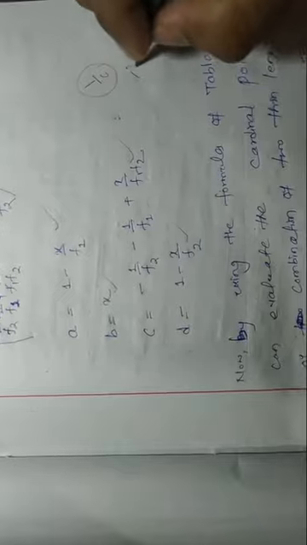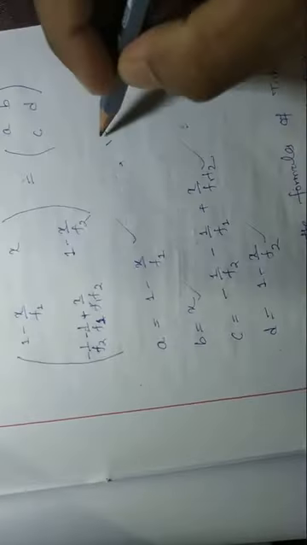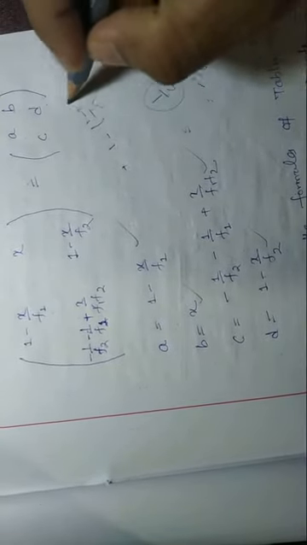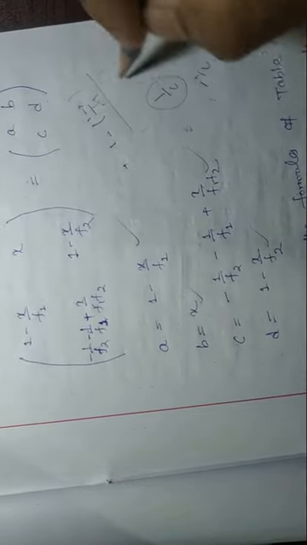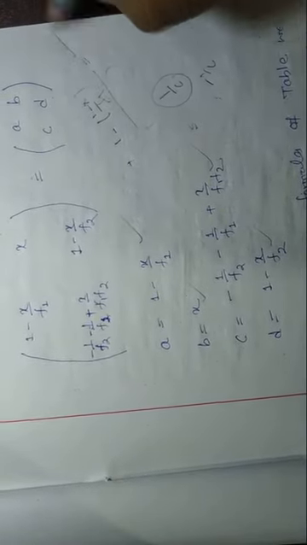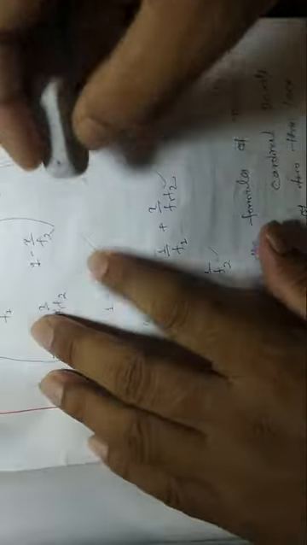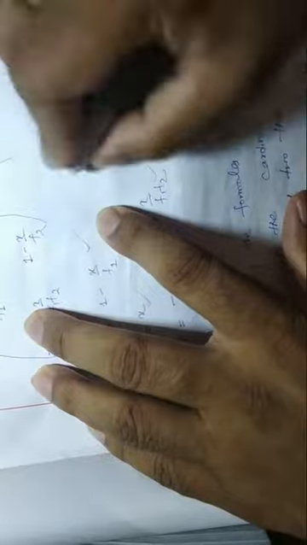The second focal point will be minus 1 by c. Likewise the nodal point. Suppose we consider the nodal point, which is 1 minus a by c. Here 1 minus a is 1 minus x by f1, divided by c, and c is this much. By simplification, we can find the first nodal point of this combination of two thin lenses.